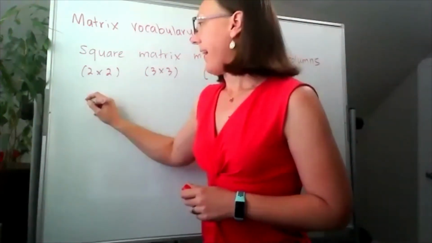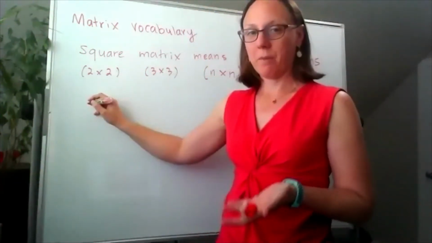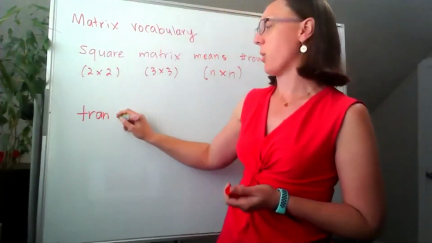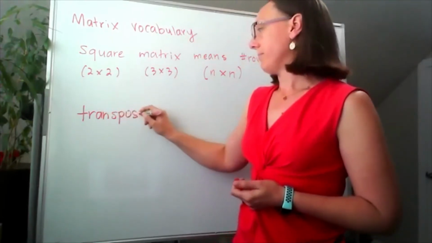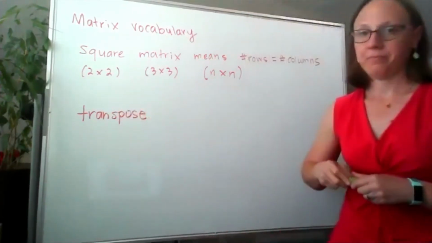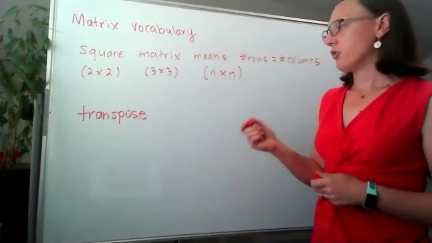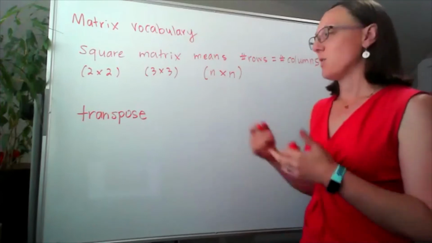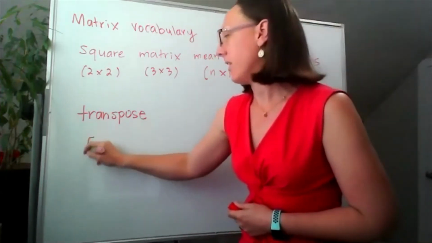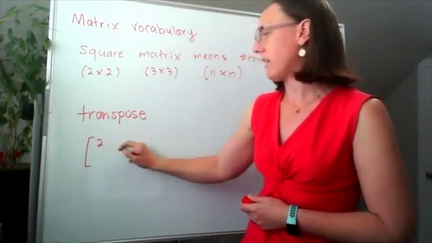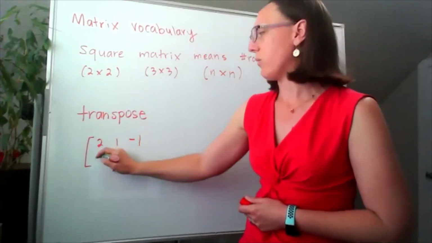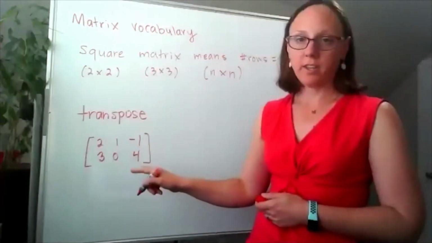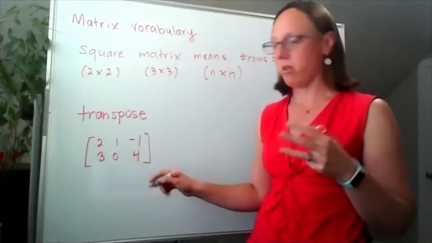Now there's a really particular kind of square matrix that came up today, and that's a symmetric matrix. Before we can talk about what a symmetric matrix is, we first need to address the idea of transpose. Transpose means that I'm going to swap the rows for the columns. So let's say that I have a matrix that looks like 2, 1, -1, 3, 0, 4, which currently is 2 rows by 3 columns.